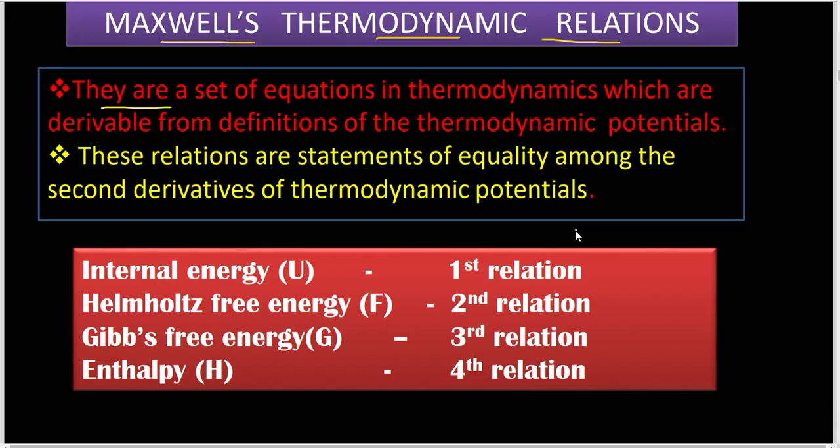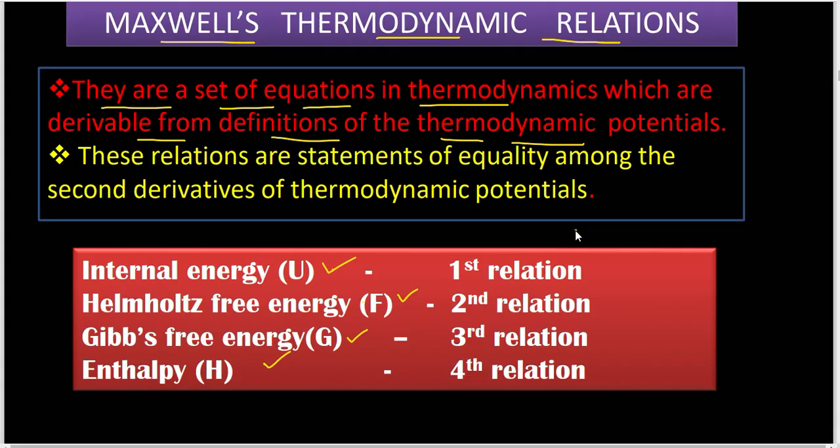They are a set of equations in thermodynamics which are derivable from definitions of the thermodynamic potentials. हमारा चारों पोटेंशियल से, internal energy, enthalpy, Helmholtz free energy and Gibbs free energy.